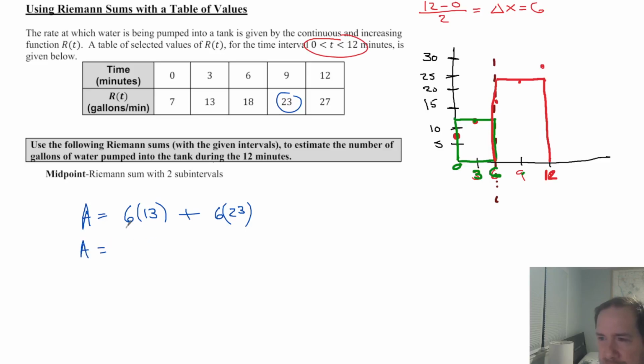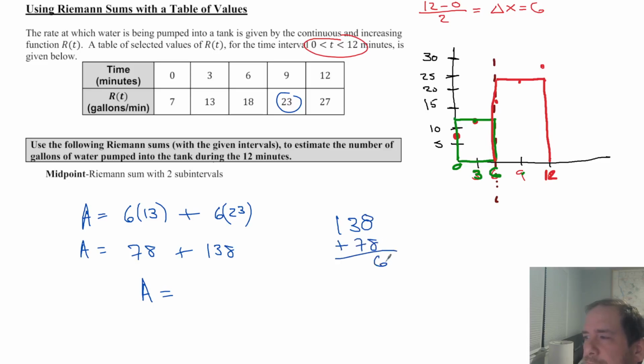So that's giving 60 plus another 18, so 78. This guy gives us 120 plus an 18, so 138. Yeah, I think that's right. So that means my Riemann sum is coming out to 138 plus 78. So 16, carry the 1, put down the 1, carry the 1, 2. So 216.